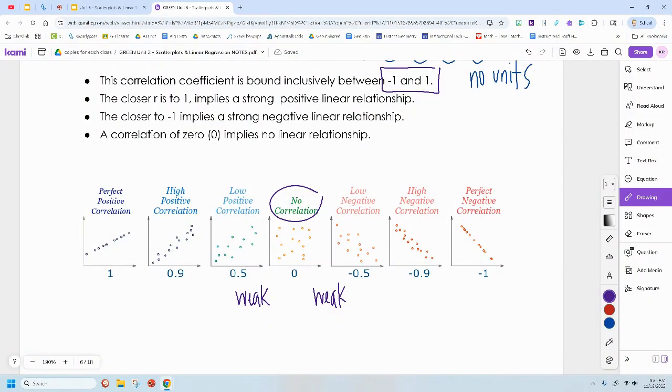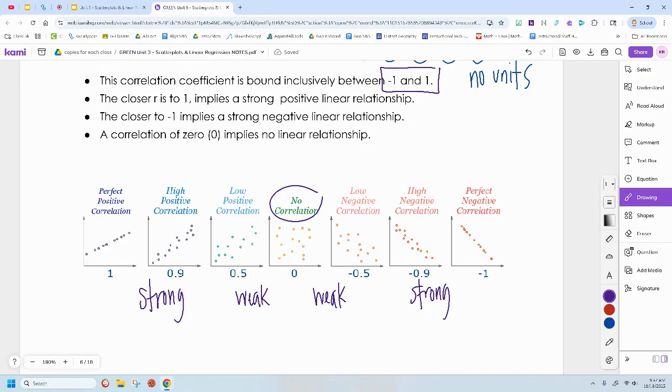When we get to a high correlation, whether it be negative going downhill or positive going uphill, that's when we have strength, or our correlation association is strong. And when our data points are perfectly in line, that's when we have perfect correlation or association, and it's +1 or -1.